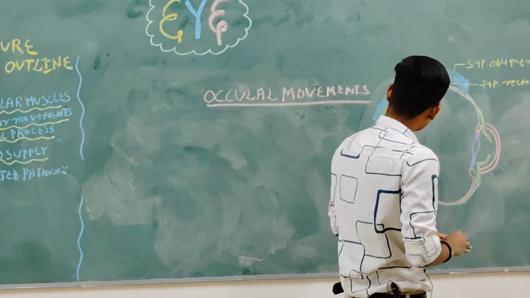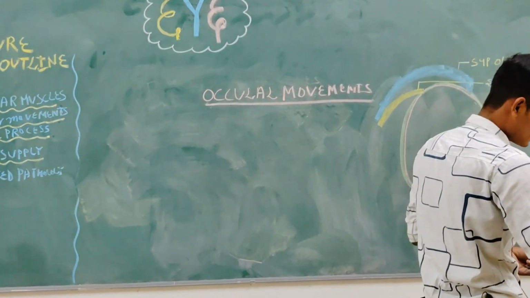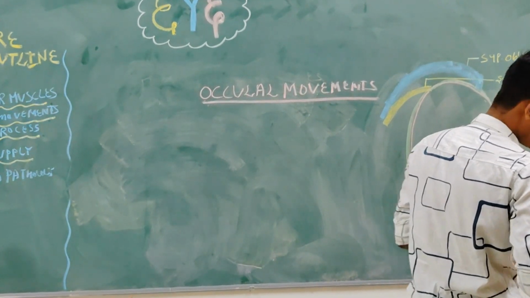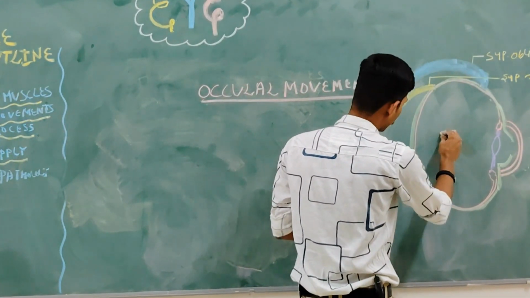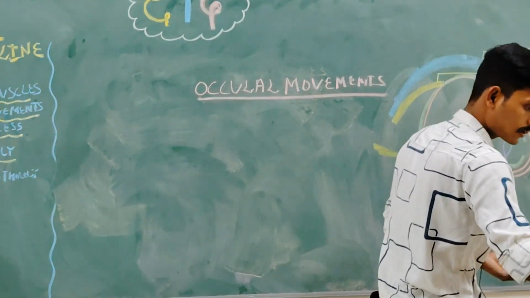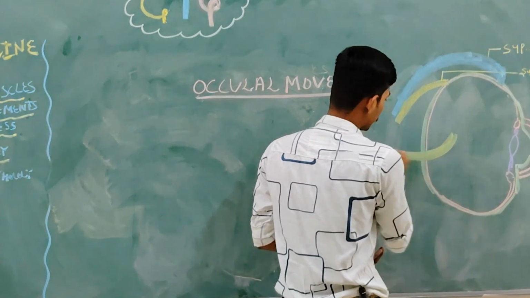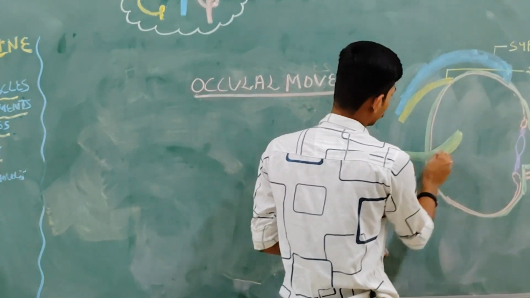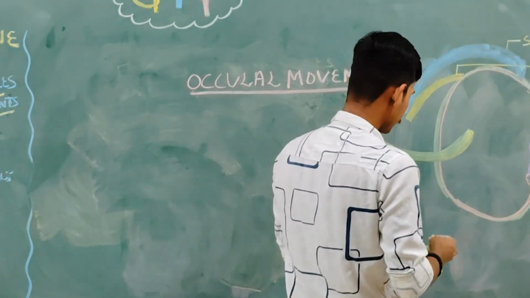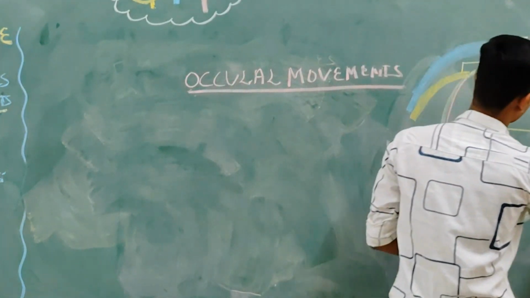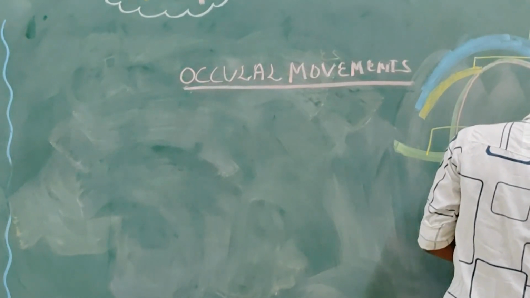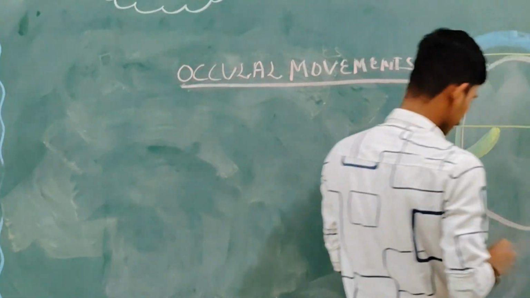Then there will be the inferior. First there is the lateral. I should change the color. This is the lateral rectus muscle.